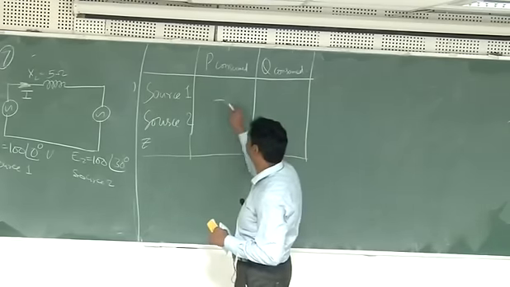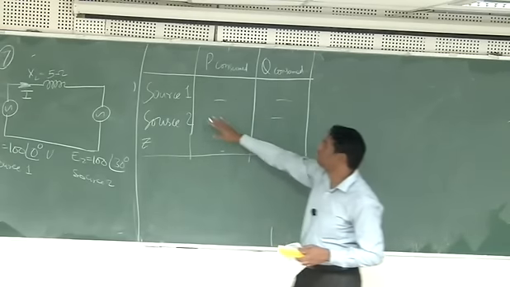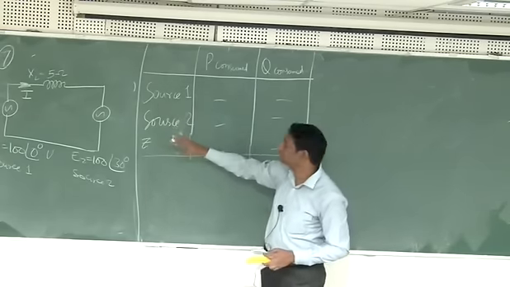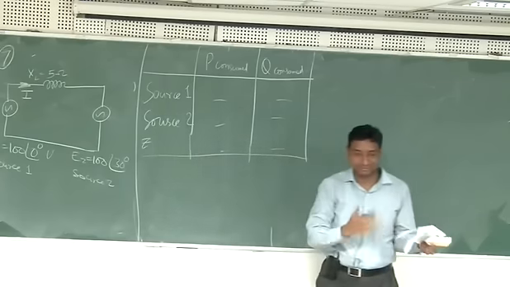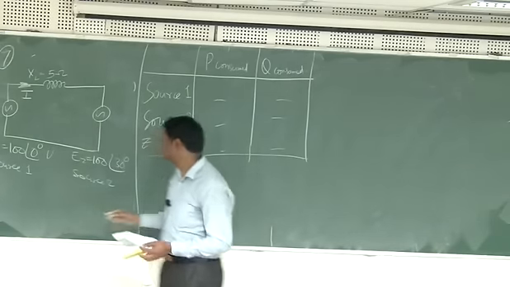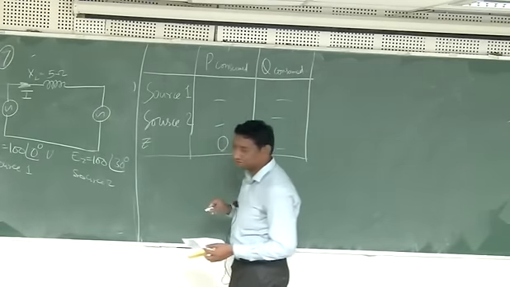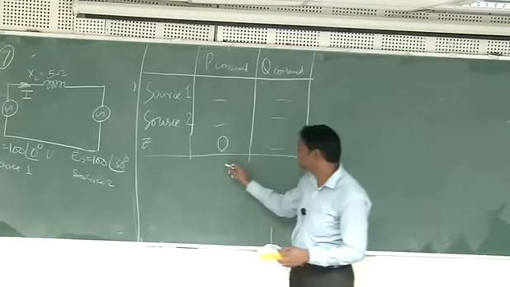So what is all this? If I add all these things, source 1 is consuming or supplying some power, source 2 is consuming or supplying some power, and then the impedance is consuming some. Actually, it is not consuming anything because it is 0. So this number I can directly write 0. If I add all these things, power consumed and power supplied, this total should come to 0.